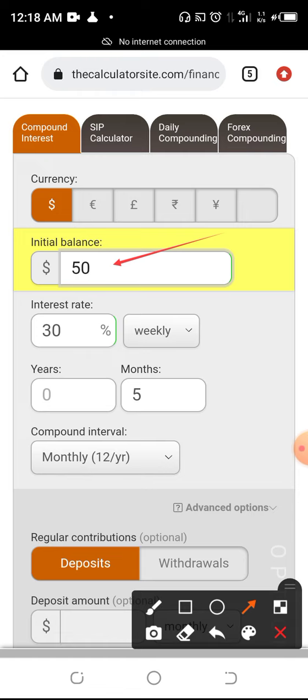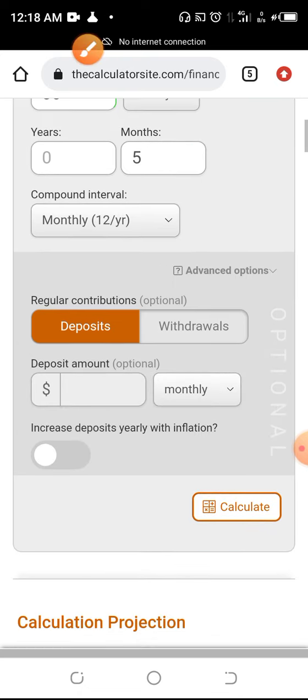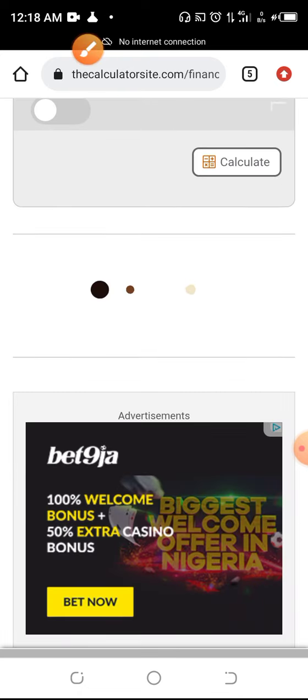So our initial balance is $50 that we have to risk. Our interest rate that we are looking at is 30%, and it is per week. Okay, that's why we set it to weekly. And our duration, that is the time we want to really grow this account. We want to grow this account for 5 months. Okay, so we're just going to click on calculate here and see what this actually gives us.